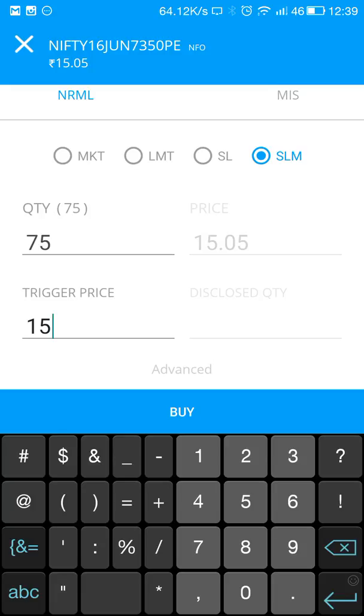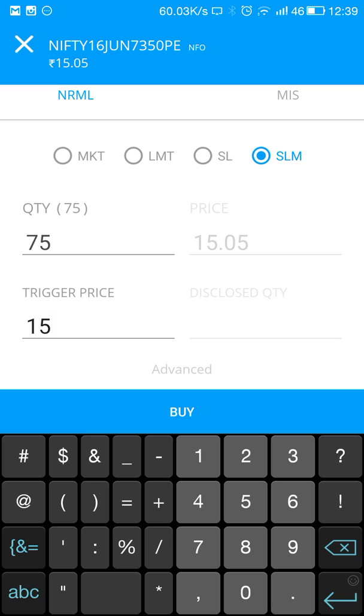So I'll buy back if the script goes down and touches 15 rupees, so that I don't have to wait, like if it will go to 15, 14, 13 or somewhere, and I'm still hoping that the market will go up and I'll recover money and get some profit, because usually that never happens, right guys? Because the big fish of the market don't let you do that on this top.